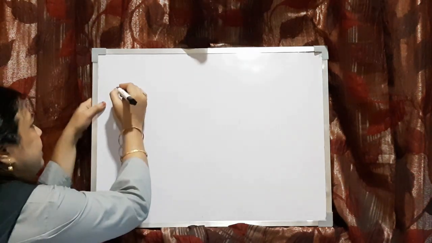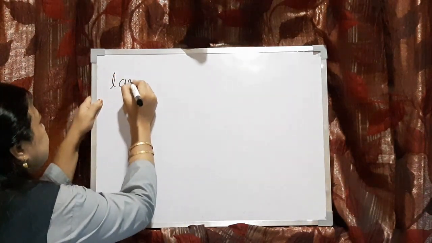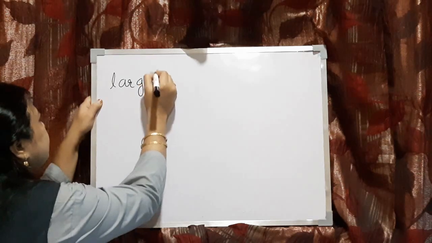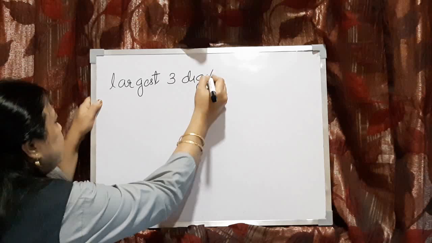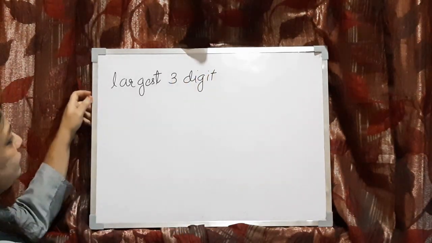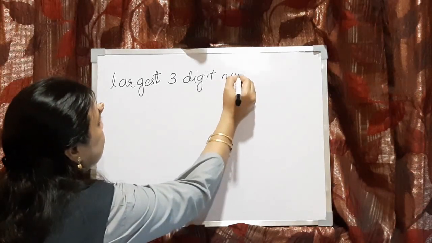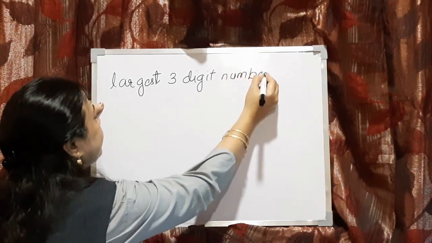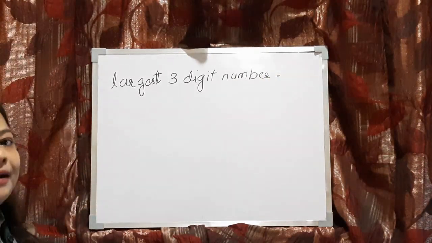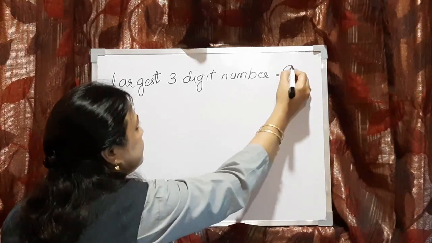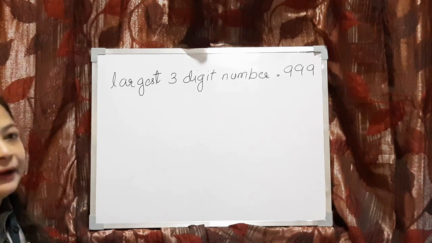Largest 3-digit number is... you don't have to write down a statement here. You just write down the sentence, that largest 3-digit number is equal to, which is the largest 3-digit number? 999 is the largest 3-digit number that we had already studied in chapter 1 and 2.